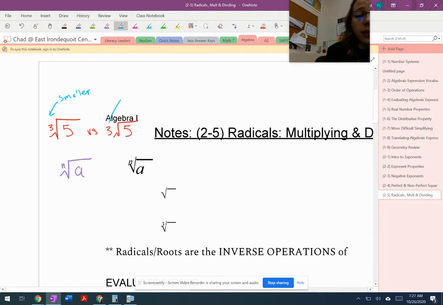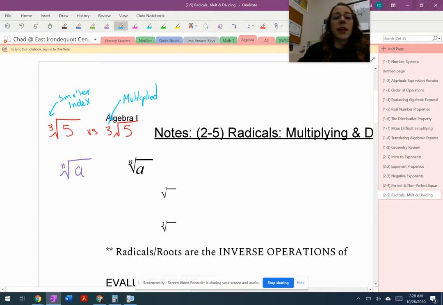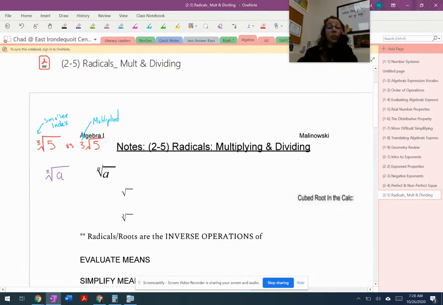And in this one, this is like a coefficient almost. I don't want to use the word coefficient. This is being multiplied. This is the smaller index, and that's being multiplied. So just notice the difference. That little n there is smaller.